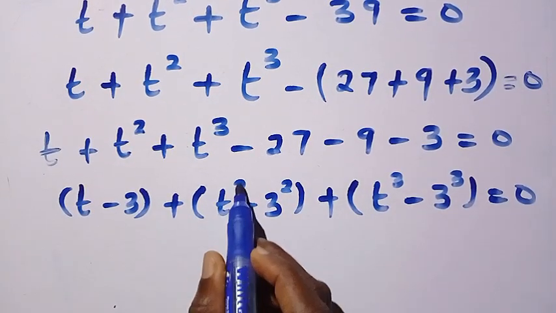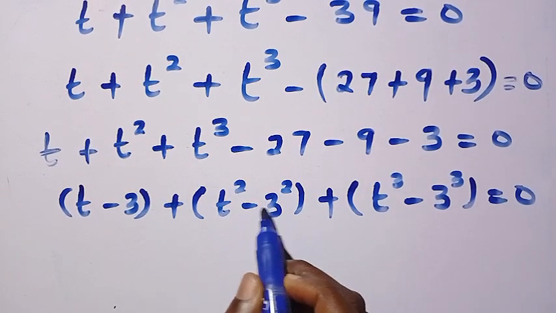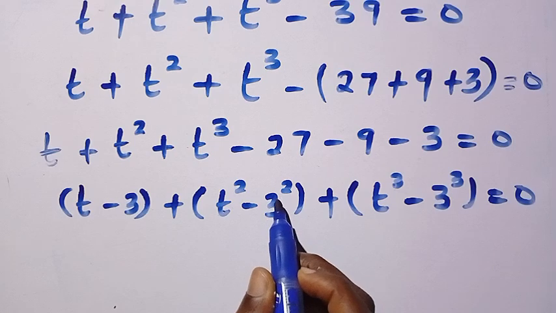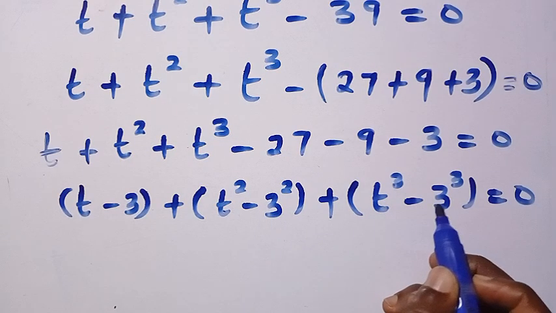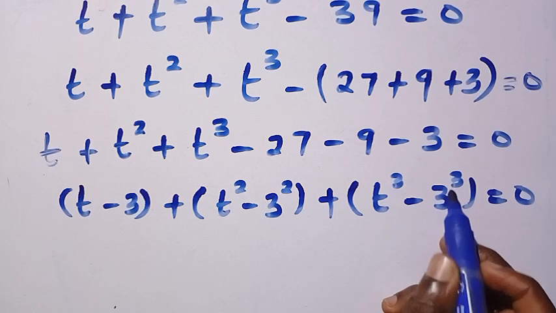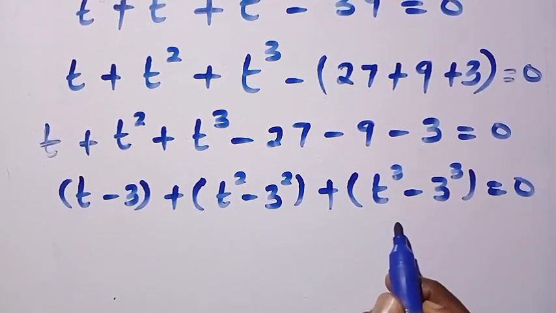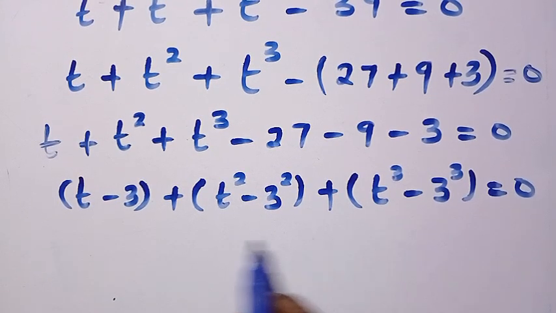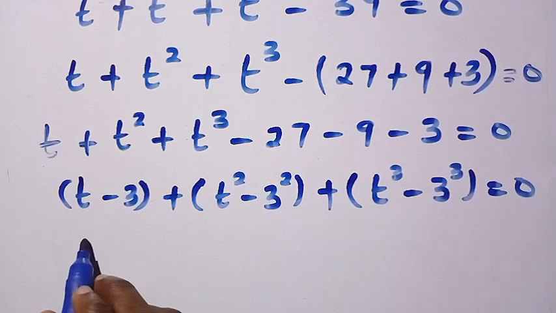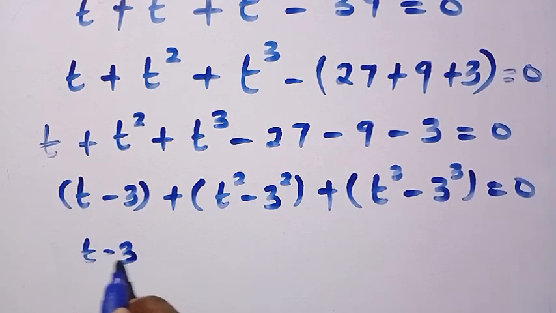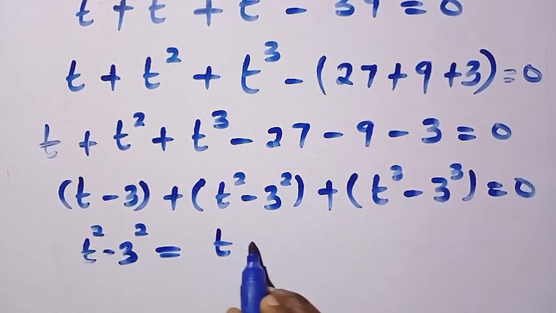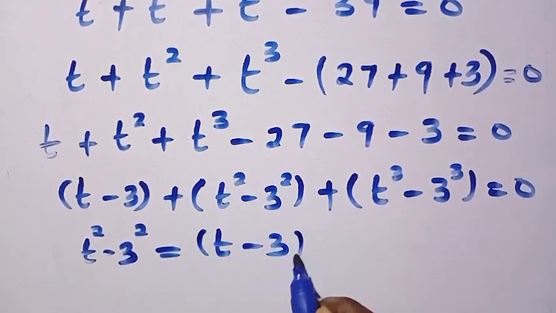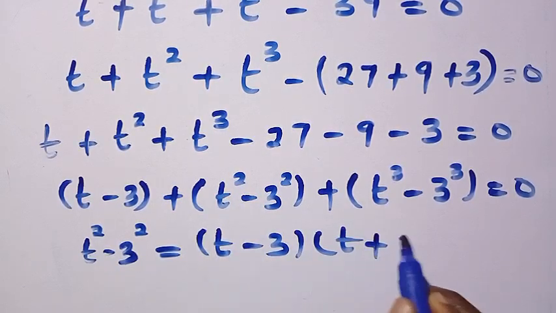We have t raised to power 2 minus 3 raised to power 2, and t raised to power of 3 minus 3 raised to power of 3. What we have here is very simple. When we have t squared minus 3 squared, this gives us t minus 3 and t plus 3.